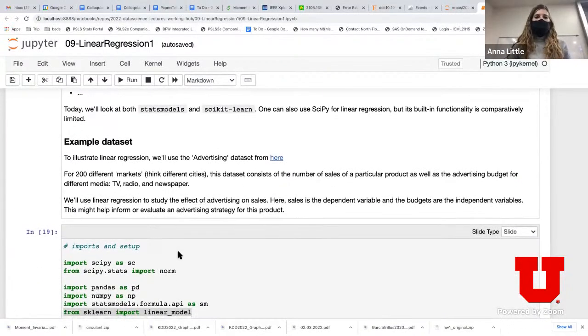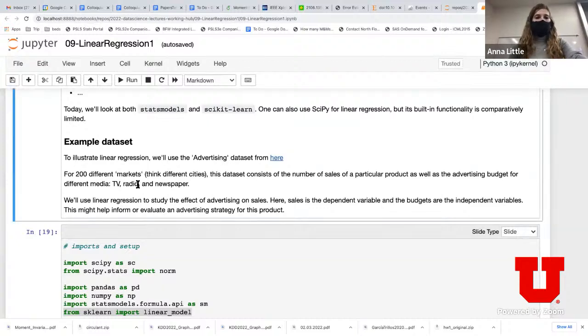Okay, to get us started, we're going to take an advertising data set, which is in the folder. In this data set, there are basically 4 variables: sales, and then this is advertising data, so it lists about 200 different markets. You can think of these as different locations, different cities, for a certain product. It records how much money was spent on advertising via TV, via radio, via newspaper, and then what the sales were for the product.